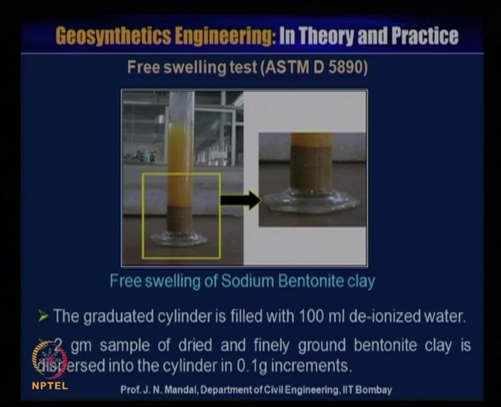A graduated cylinder is filled with 100 millilitre deionized water, and then 2 gram of the sample of dried and finely ground bentonite clay is dispersed into the cylinder in 0.1 g increments.